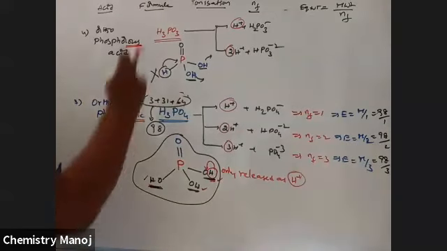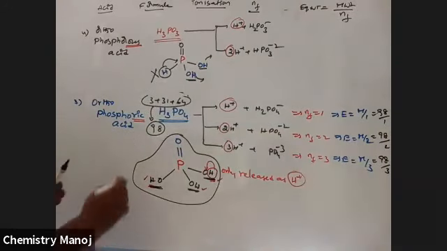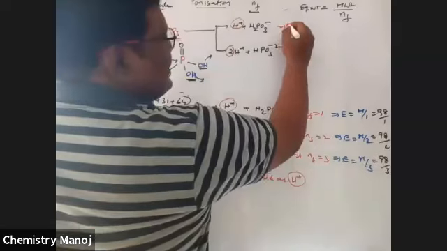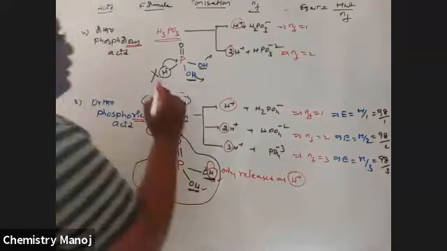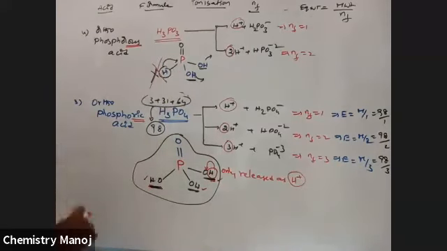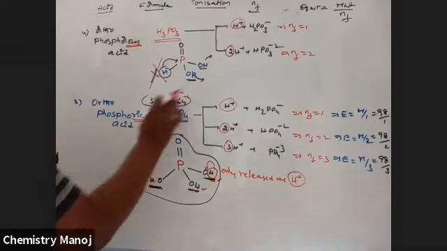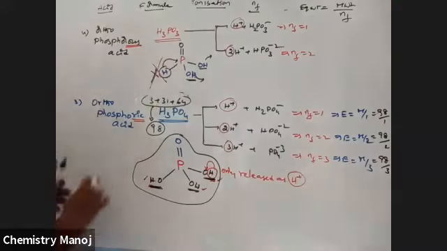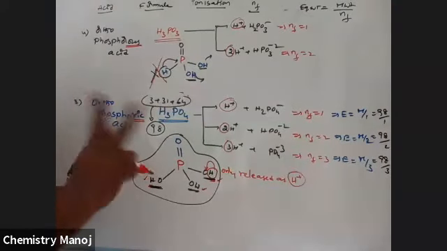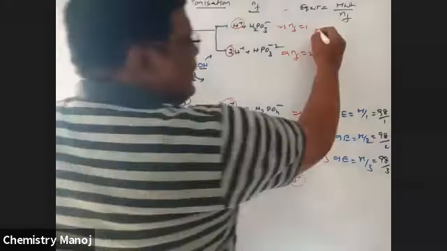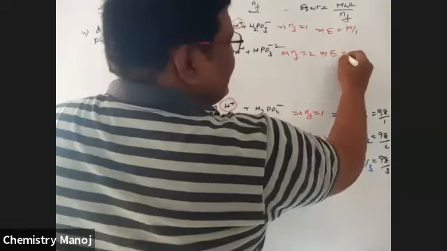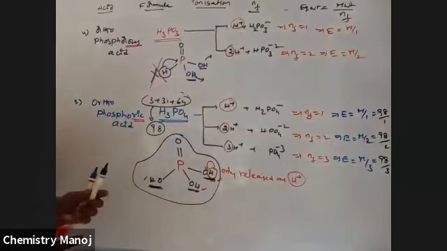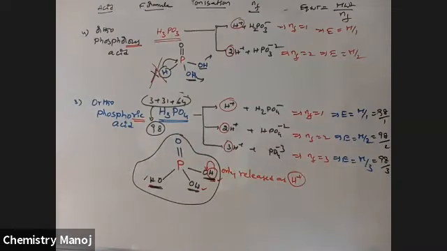So one H plus is released in one case, and 2 hydrogens in the other. The third hydrogen is not released, even though there are 3 hydrogens, the maximum basicity is 2. Therefore, in this case equivalent weight is molecular weight by 1, and in this case molecular weight by 2.